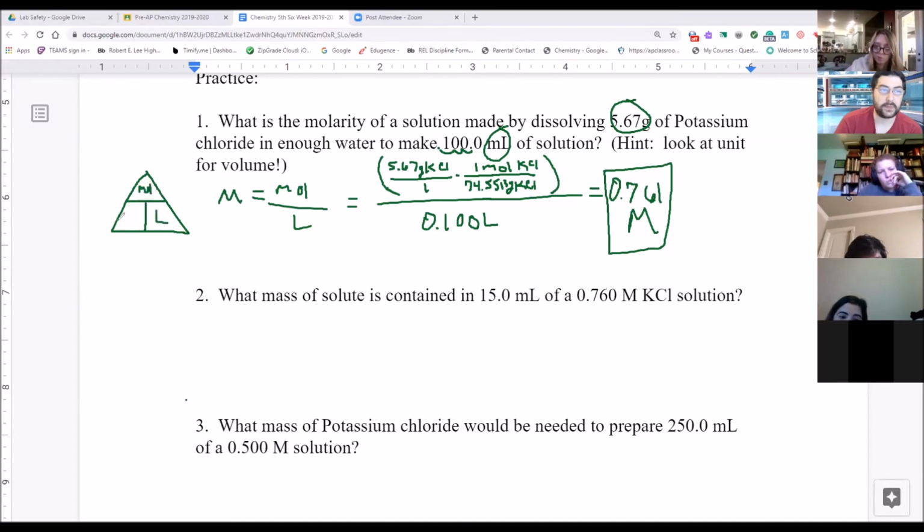And then I'm going to put this molarity, this capital M, in this leftover triangle spot. If I were to give you the molarity of something and I were to give you the liters and I asked you how many moles was in that solution and you needed to rearrange to solve for moles, this is a simple 3 variable equation, and so I hope that you would be able to do the algebra to solve for that.